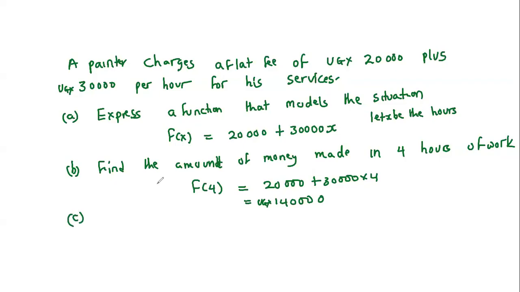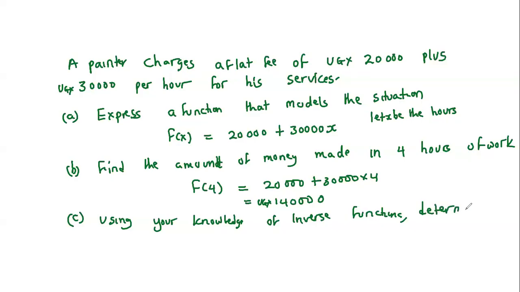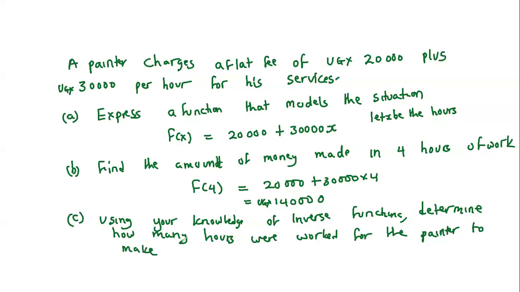Using your knowledge of inverse functions, determine how many hours were worked for the painter to make 260,000 Ugandan shillings.